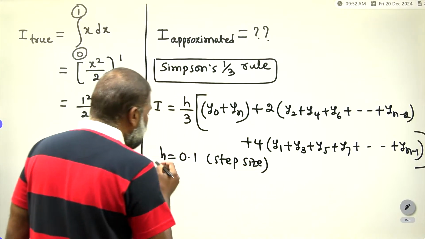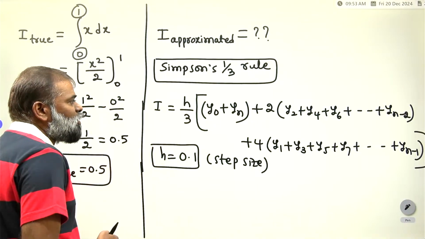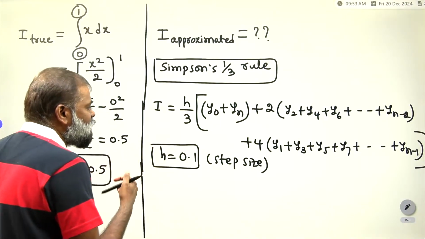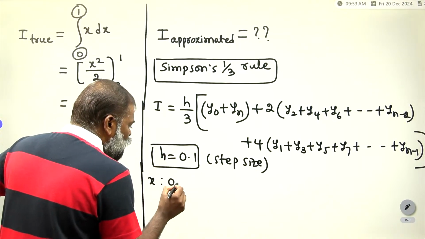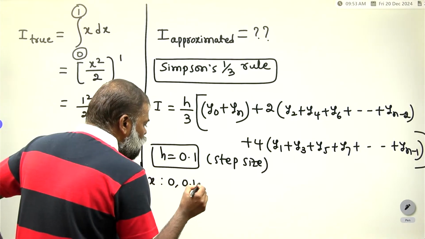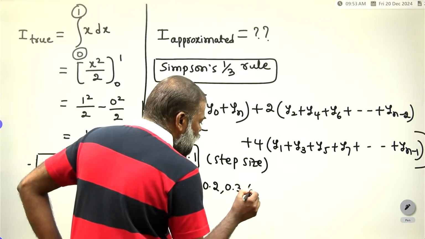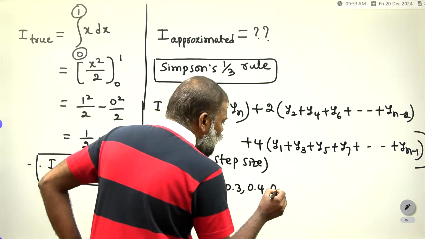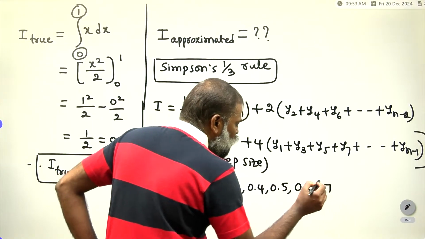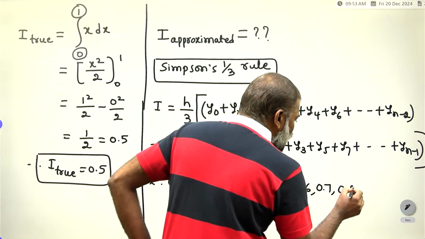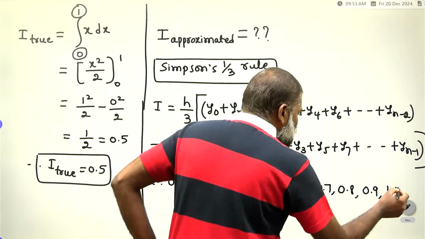Step size is 0.1. With 0.1, x is equal to 0, 0.1, 0.2, 0.3, 0.4, 0.5, 0.6, 0.7, 0.8, 0.9, 1.0.